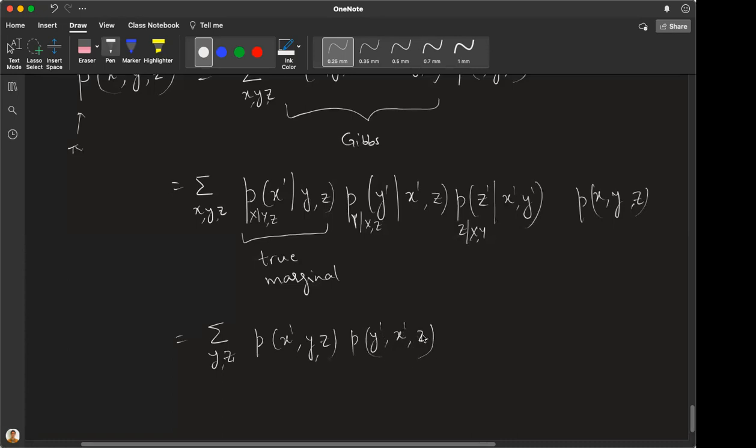See, this term is also independent of x, and this term is also independent of x. So they all can come outside my summation. Z dash given x dash y z y dash. These terms are independent of x, so they can come out, and my summation over x is applying only to x, y, z.